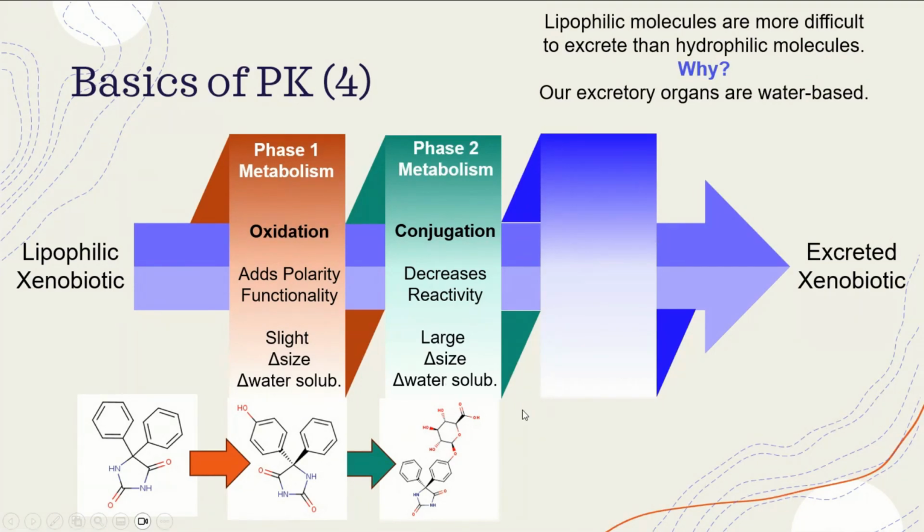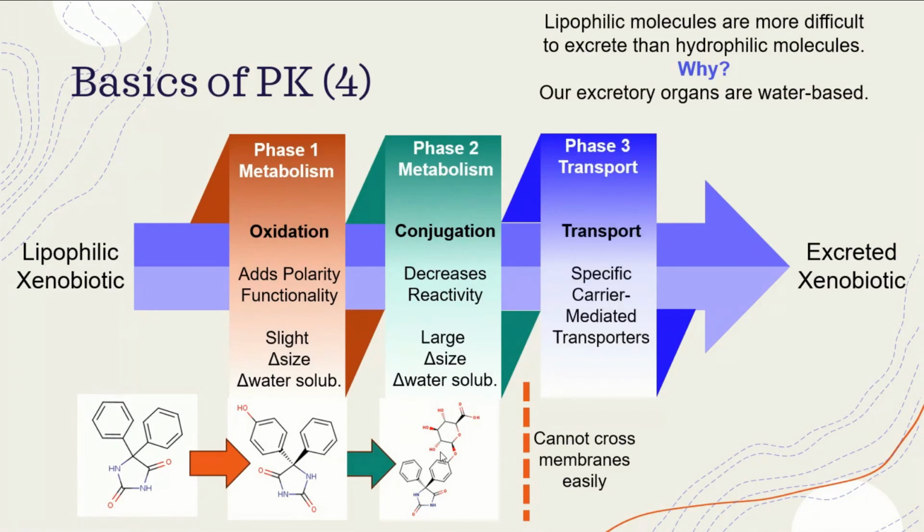Now, the problem is we've kind of created a situation for ourselves where we've taken this lipophilic molecule and made it water soluble on the inside of the cell. So now what we have to do is take this water soluble molecule and have it cross those membranes again so that we can excrete it. And that's where the phase 3 system, or the transport system, comes in, where we use those specific carrier-mediated transporters that I talked about before.